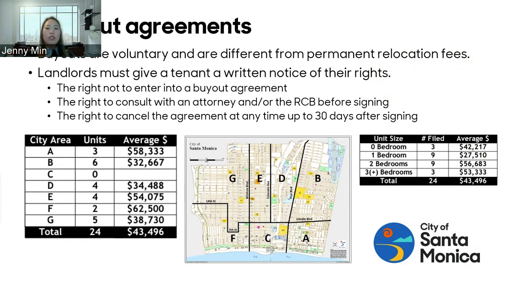So if you look at the charts, the chart on the left is divided among the different city areas. If you look at the map, the city is divided A, B, C, D, all the way to G. And depending on the area that you live in, we have averaged out the average buyout agreement amount.